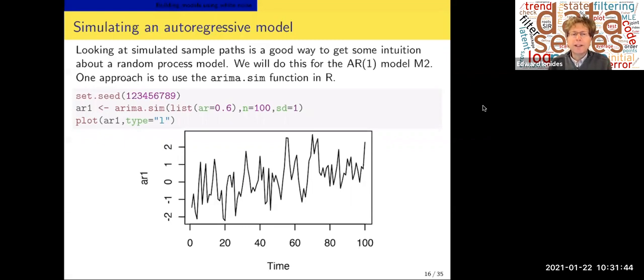It's often convenient to set the seed for the random number generator so that you can reproduce the same plot every time you run your code. Then you can try different values of the seed to generate different answers. Anyway, here I've just set the seed to 123456789. I could have set it to anything.